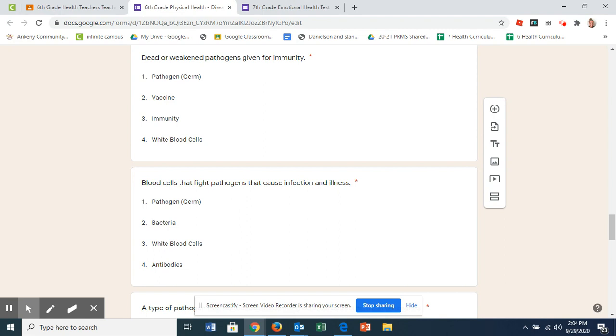Next definition: blood cells that fight pathogens that cause infection and illness. 1, pathogen or germ. 2, bacteria. 3, white blood cells. 4, antibodies.